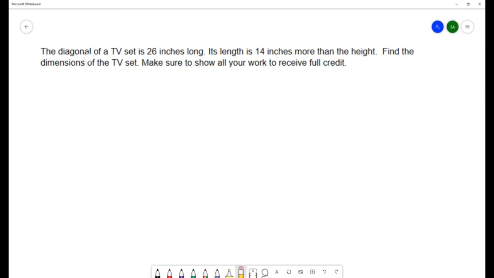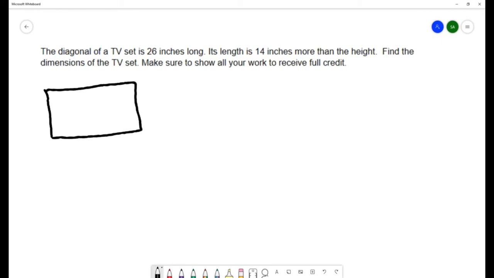The diagonal of a TV set is 26 inches long. Its length is 14 inches more than the height. Find the dimensions of the TV set and show your work to receive full credit. So we have a TV set which is going to be rectangular.